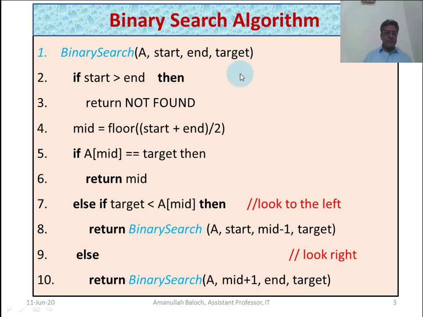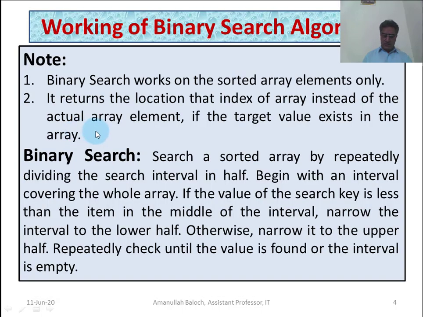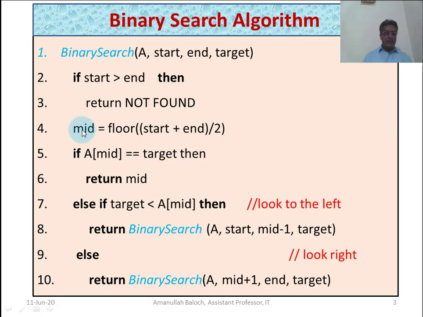In this statement, it adds the two indexes, the starting index and the ending index, and then divides by 2, and then the float function is applied on the result, and the value is assigned to the mid variable.